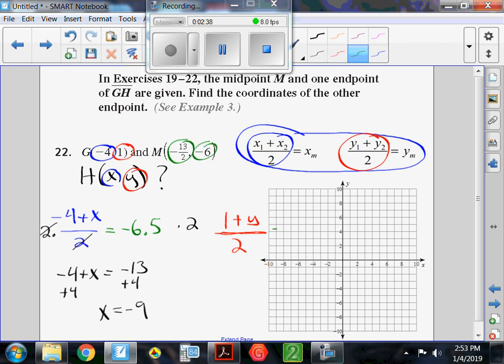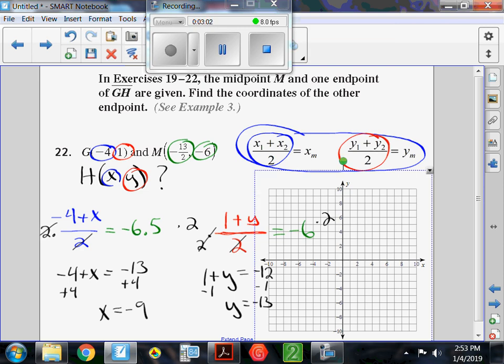I have to be careful there. -6 is the midpoint. So 1 plus y divided by 2 gives me the y coordinate of the midpoint, and -6 is that number. So times 2 on both sides, I have 1 plus y is equal to -12. And subtracting 1, I'm going to get y equals -13.